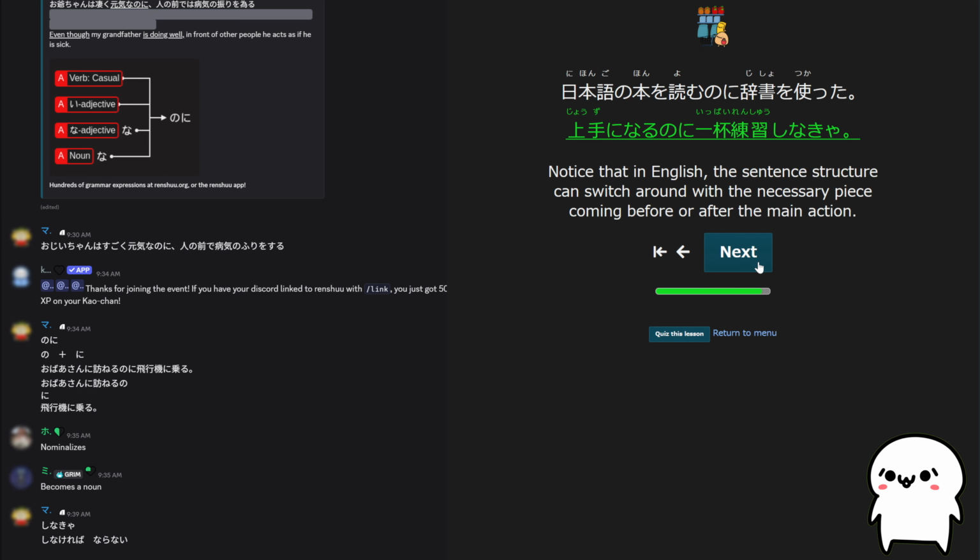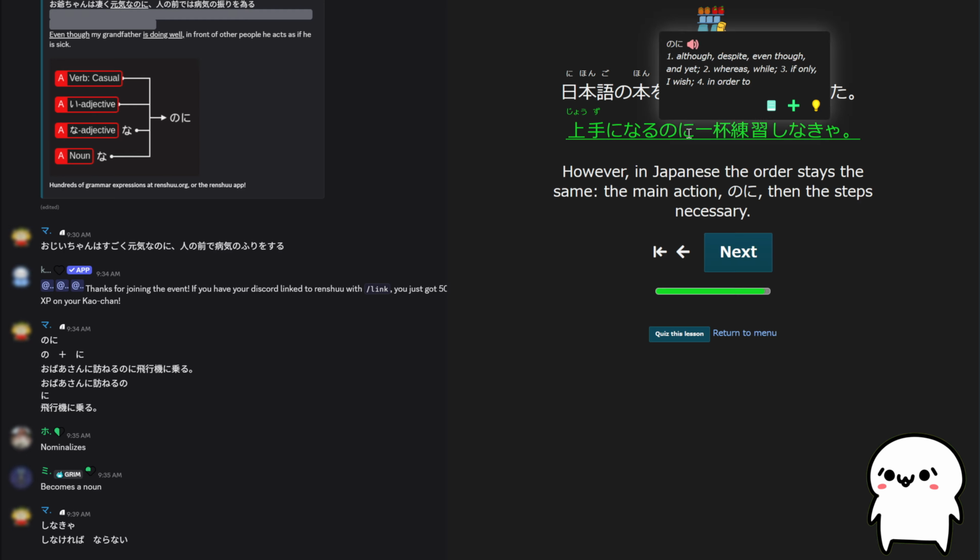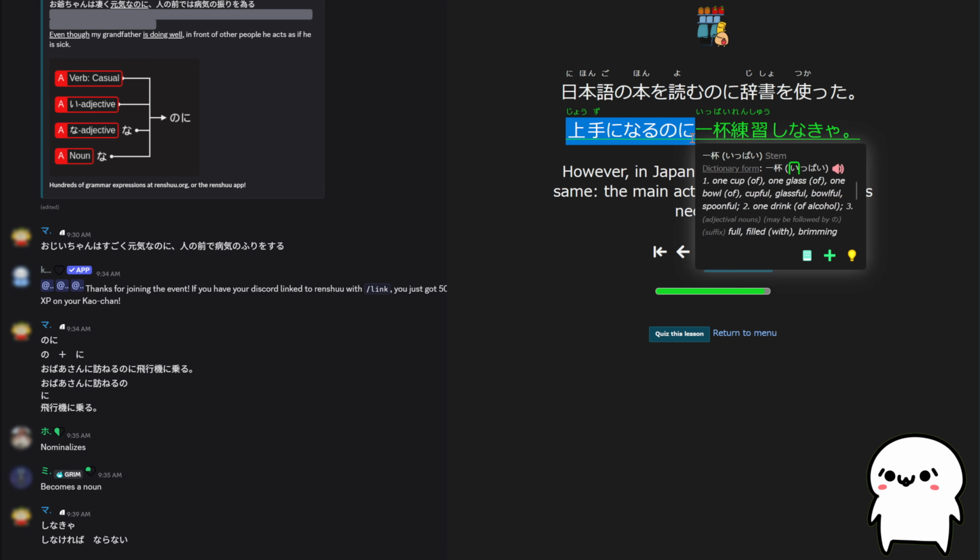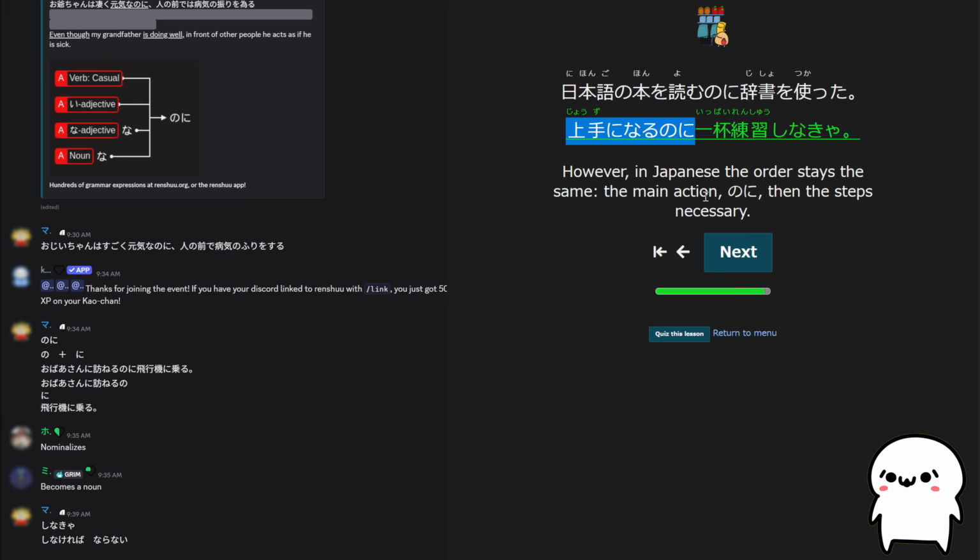You can swap them around. However, in Japanese, it's stricter. The goal, whatever's coming in front of noni, that's coming first. Noni comes first, and then the required action comes after that. Those cannot be flipped around. So just keep that in mind.